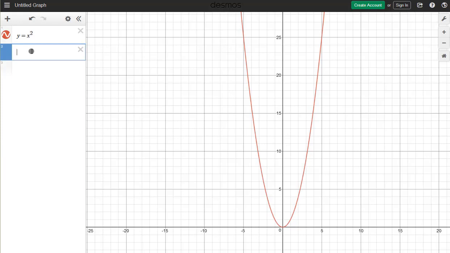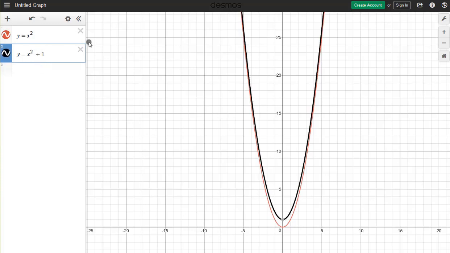So we're going to do another graph here, y equals x squared, and then let's add the k on this end. So right now, let's put a number there first. I want you to notice what happened. This is the black one, where it used to be here at 0, 0, and notice that we're now 1 bigger.